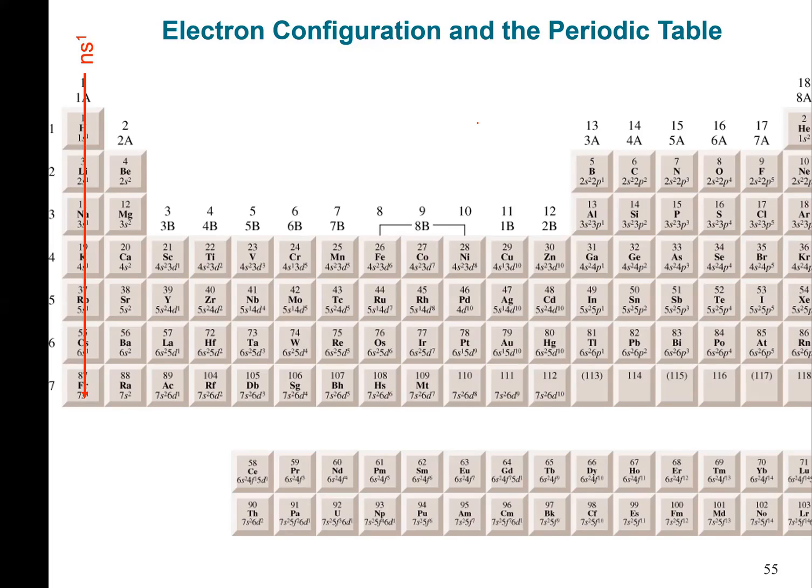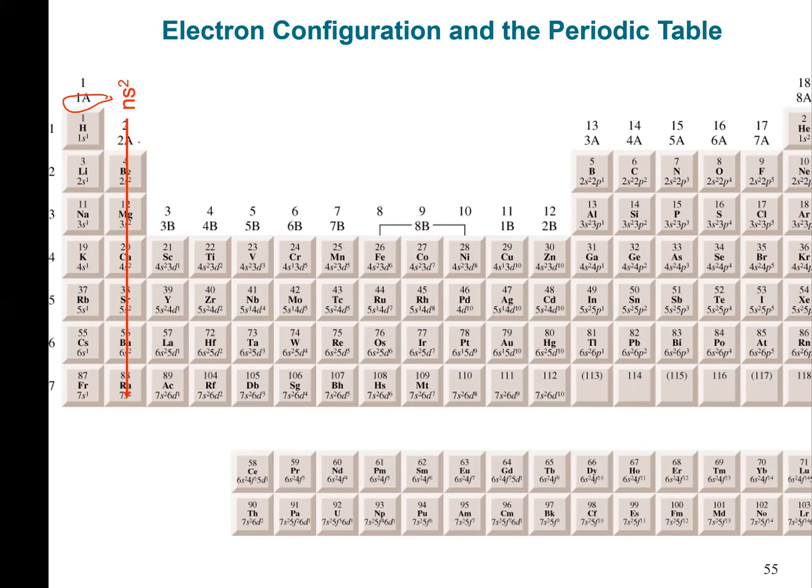So you want to know the number of electrons in the outer shell? Look at this column number, which is followed by the letter A. 1 electron. How about the next one?